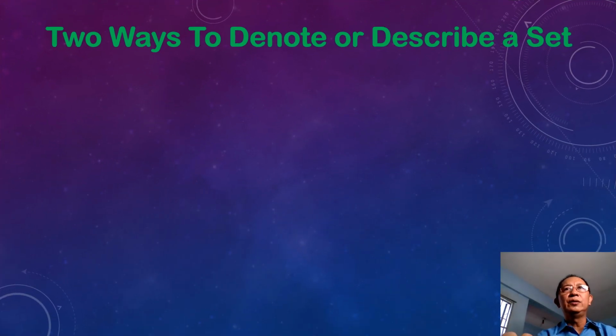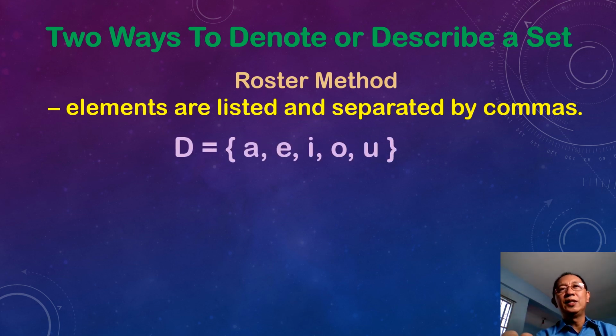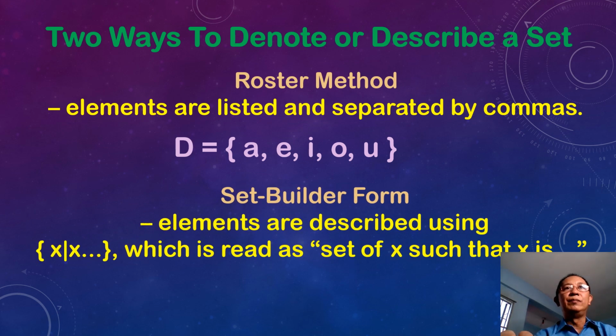There are two ways to denote or describe a set. The roster method, where the elements are listed and separated by commas. An example of this is set D. The elements are A, E, I, O, U. Another way is the set builder form.